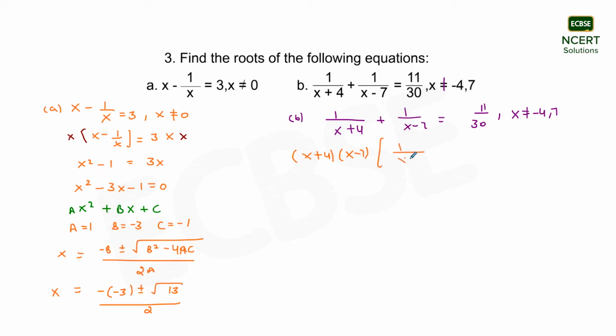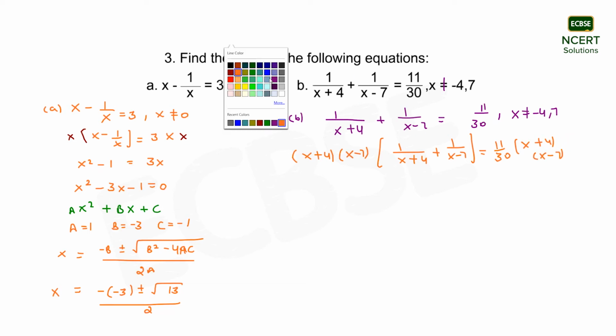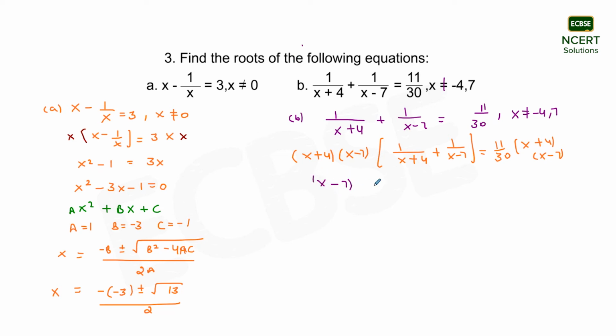So here it will be x plus 4 plus x minus 7, and on the right hand side it will be 11 by 30 into x plus 4 into x minus 7. So on simplifying, I will get x plus 7 minus x plus 4 is equal to x square minus 3x minus 28 into 11 by 30.